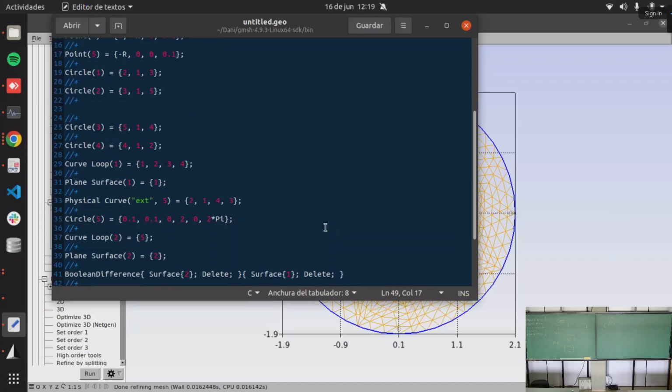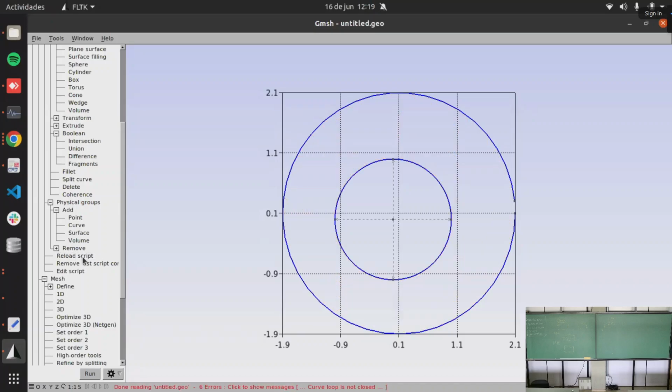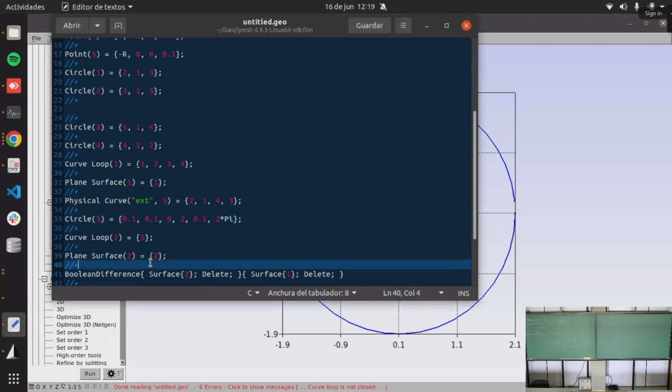If I want to refine the circle, notice that with the circle by hand, I have to refine each point. But if I want to refine all the circle that I made in this entity, I have to perform something like this here. I think that. Okay, no, maybe no, that isn't that entity. Sorry.